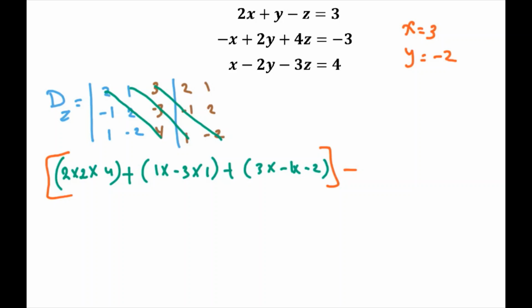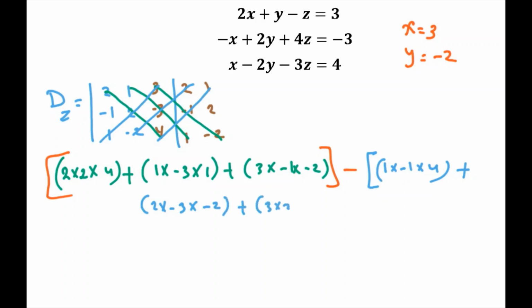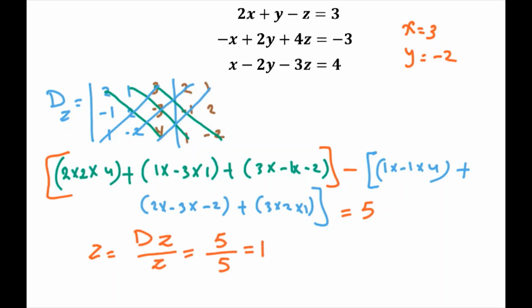Minus, do the opposite, and that's going to be equal to 5. So z will be equal dz over d, which is equal 5 over 5, and that's equal to 1. So here's my solution, x, y, and z.